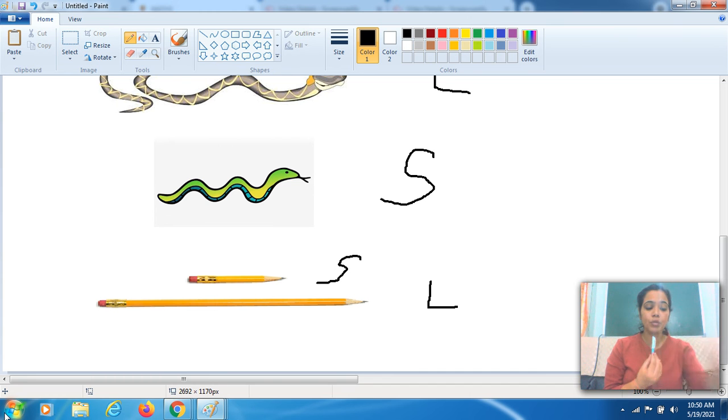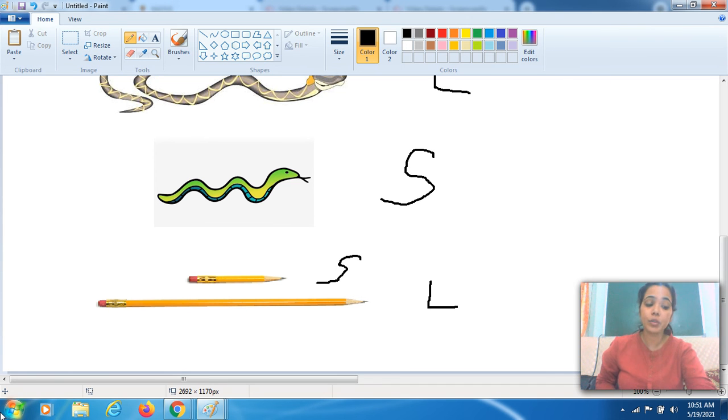When two objects are in standing position, standing position means ऐसे खड़े हैं, both are in vertical position, तो आपको कौन सी term use करनी है, tall and short. Okay, but if the objects are lying somewhere, ऐसे पड़े हैं, ठीक है, किसी surface पे lie down है, और you can say it is in horizontal position, तो आप कौन सी term use करोगे, long and short.